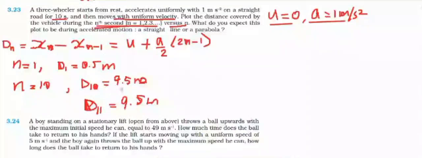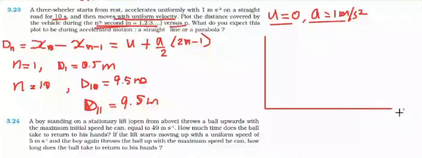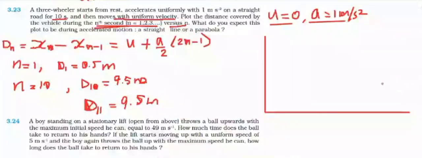So now, with these values of d1, d2, d3, etc., you have to plot a graph. This graph is different, as I mentioned before, so you need to understand it very properly. Here you can see the graph. We can start from the first second onwards.